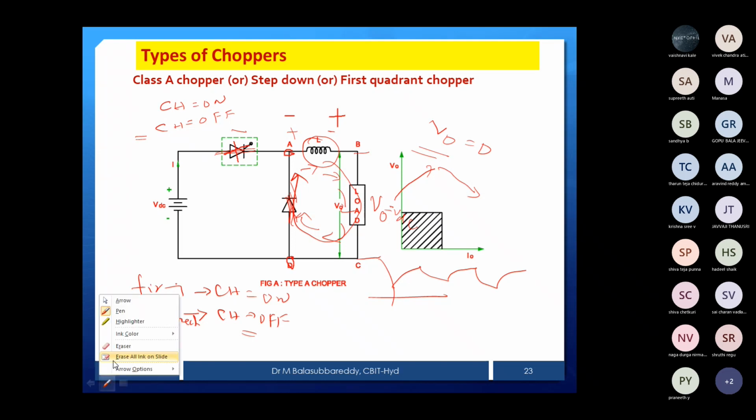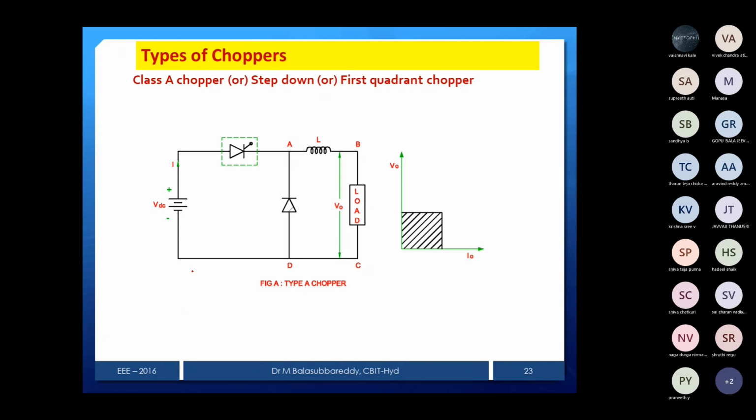Now the procedure is very simple, two steps. When chopper is turned on from 0 to T on instant, the current will flow through the source, chopper, inductor, load and back to the source. Then output voltage is the same as the source.